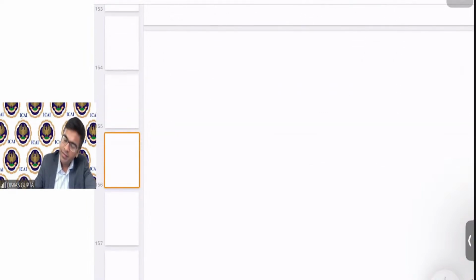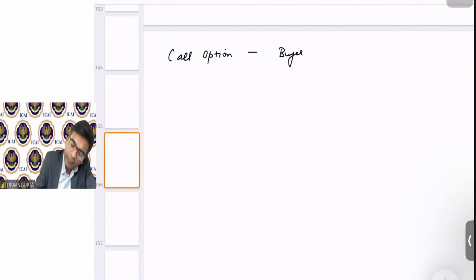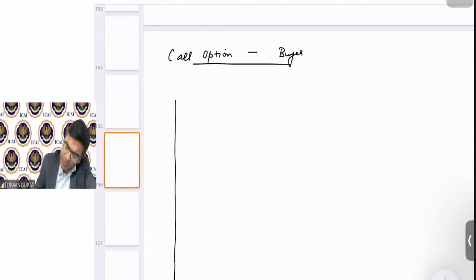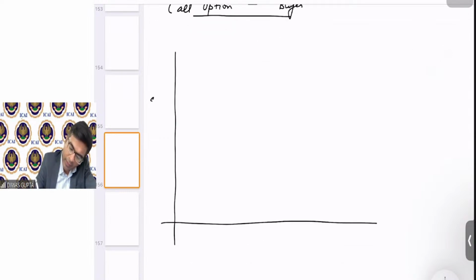Okay. Now let's try to understand delta from this chart below. So call option, and we are talking about the buyer. So these payoffs we have already discussed, correct? This is the payoff and this is the price, correct?